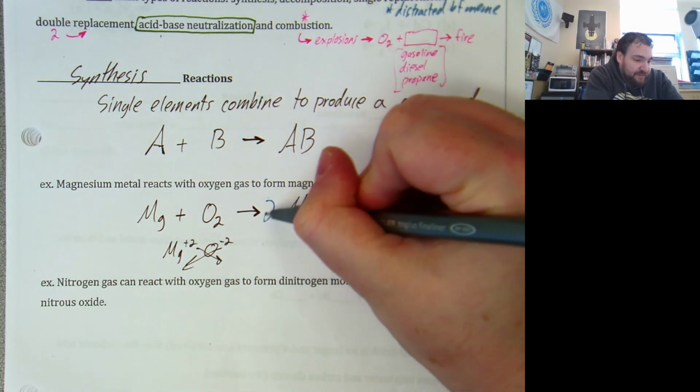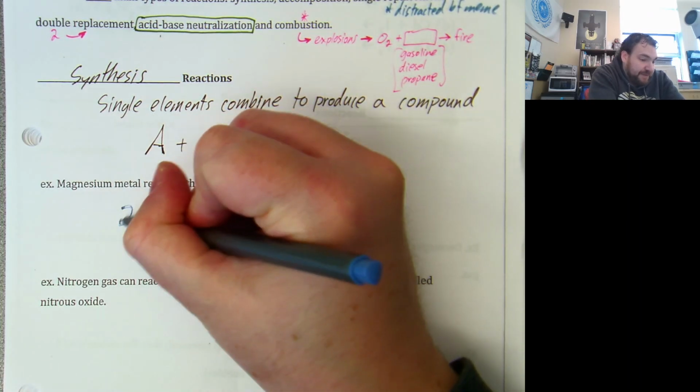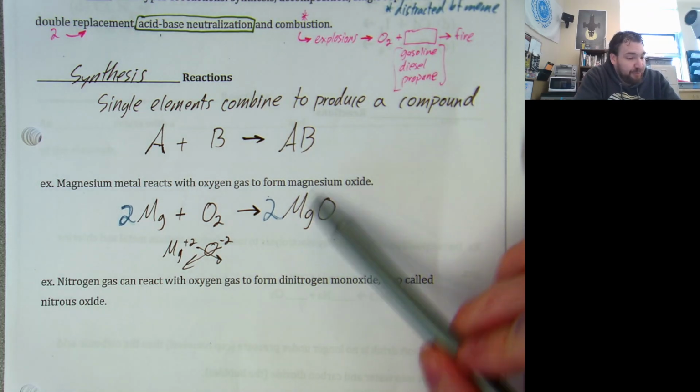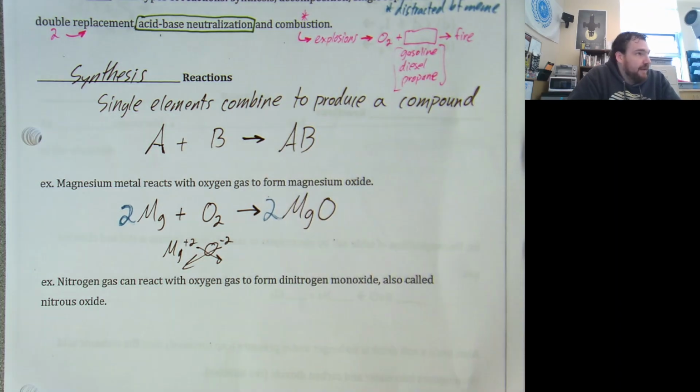Toss a 2 out front. And then when I do that, how do I go back and balance the magnesiums? I put a 2 in the front of the first magnesium. And now this is a balanced synthesis reaction. When you make the product, you have to use the charges. And then we can go back and balance the thing.